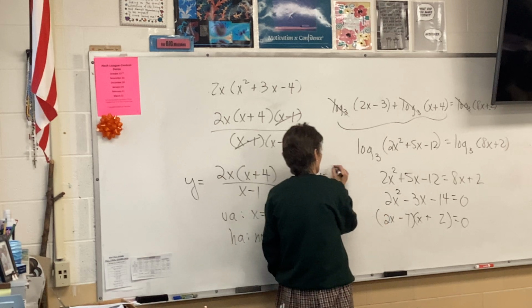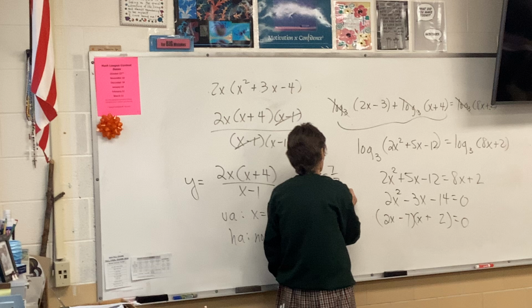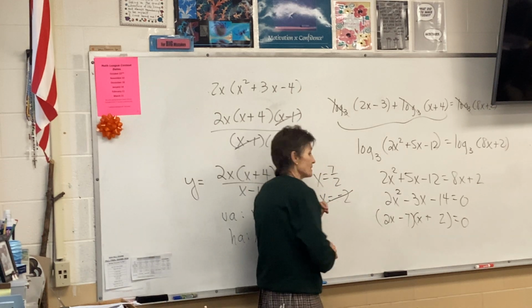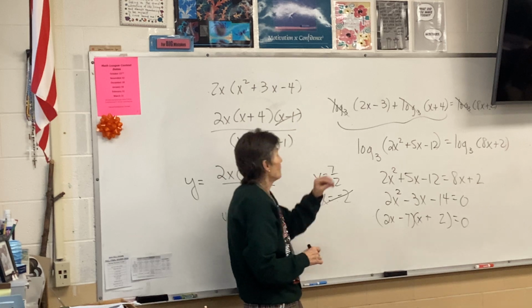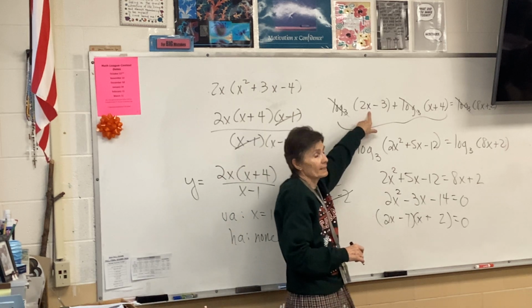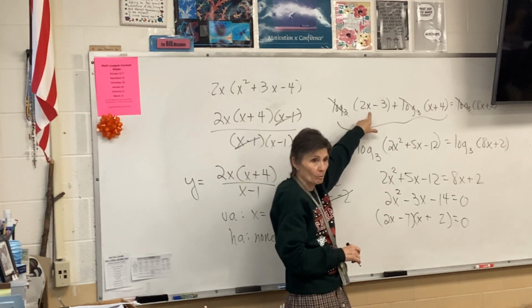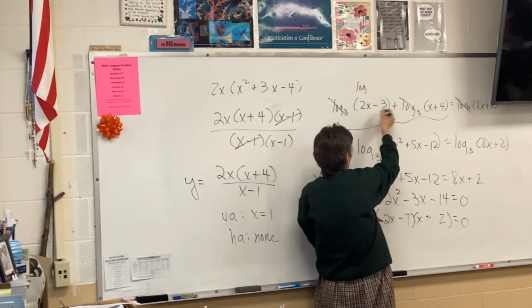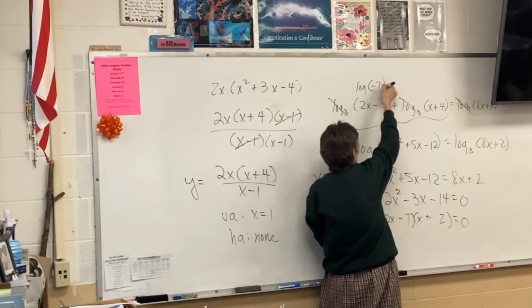So x equals 7/2, x equals -2. Be real careful though. That one's extraneous, because if you put -2 back into the original problem, you would be taking the log of -7.